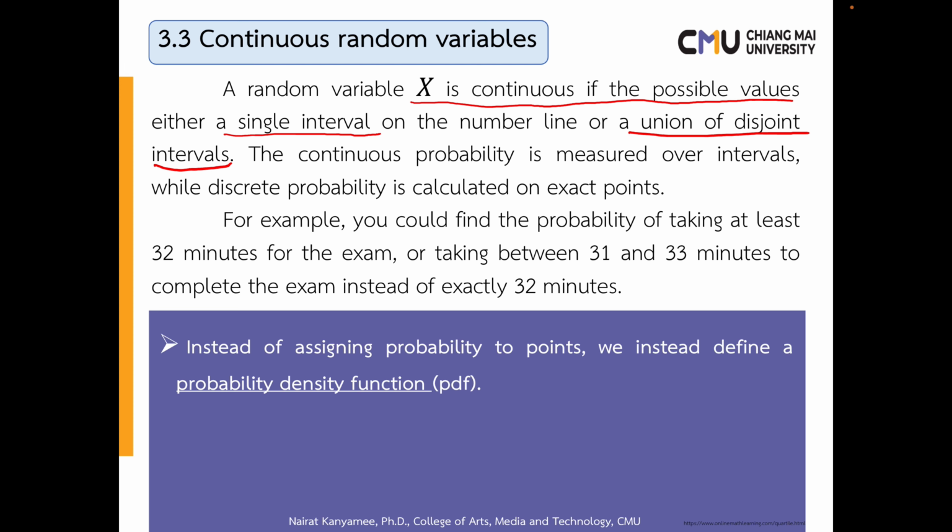Now, for continuous random variables, instead of assigning probability to points, we find the so-called probability density function.